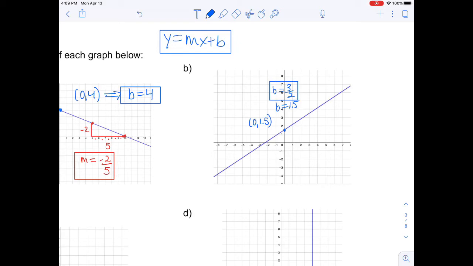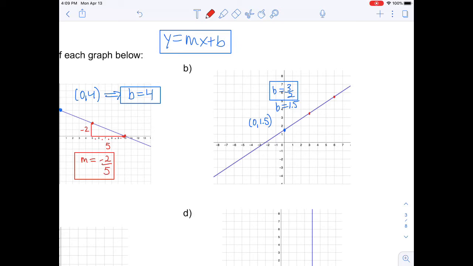Now, if I'm trying to figure out the slope of this line, I can see that the points don't line up really nicely with the grid. So what I'm going to have to do instead is again go to halfway through a square. If I take that point and that point, they're both halfway through a square.